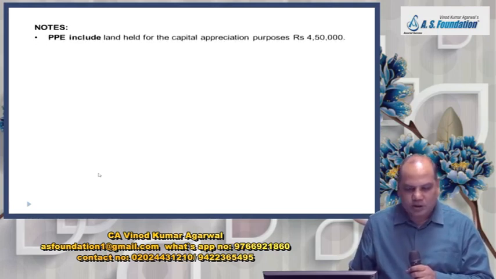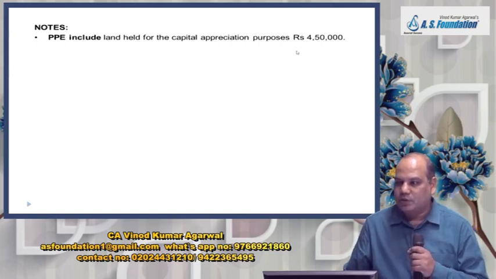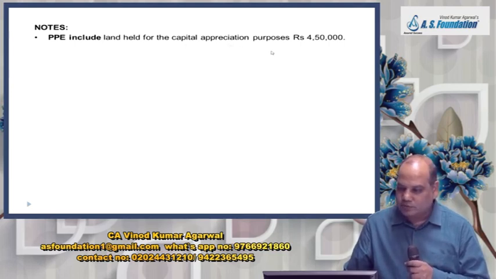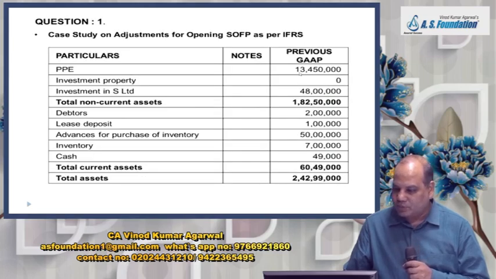Then PPE includes land held for capital appreciation purpose rupees 4,50,000. What is the use of this information? This is a reclassification adjustment. Suppose on the screen we have a PPE of 13,450,000.